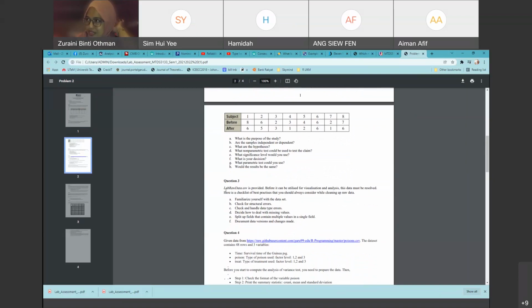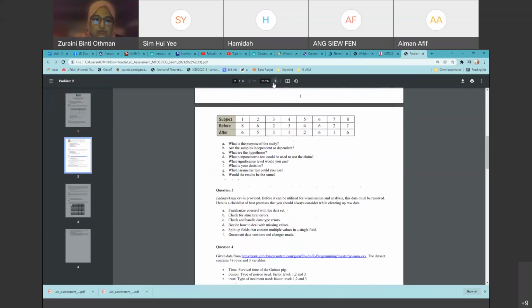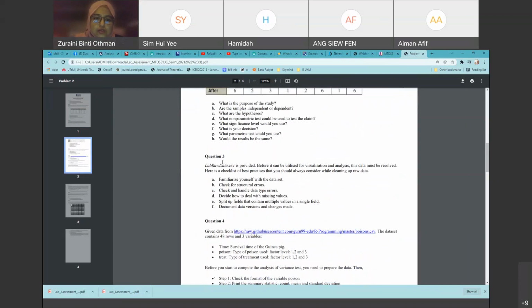The question attaches this data, lab raw data.csv. Make it bigger. Before you can visualize and analyze this, you have to be familiar with the data set. You have to know your data.